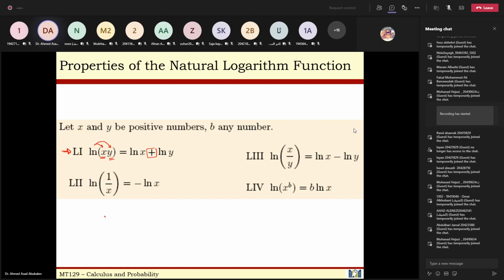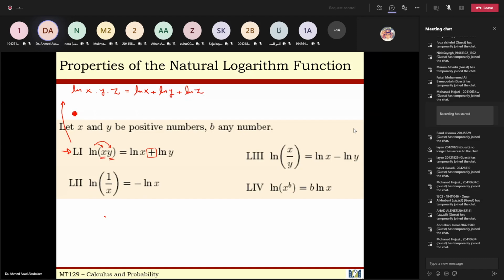For example, if we have ln of x times y times z, we can write it as ln x plus ln y plus ln z.